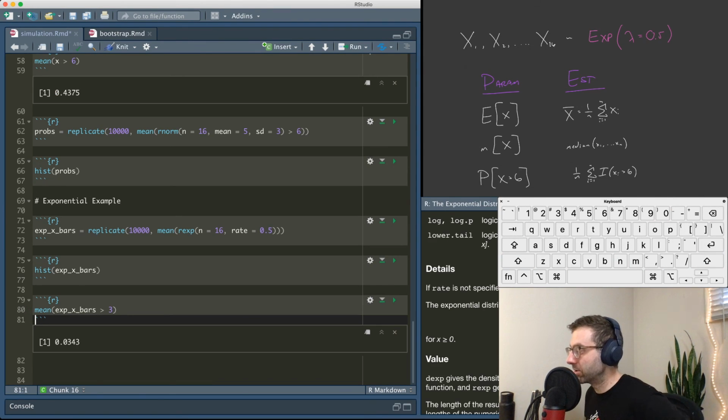If we didn't know how to do the math and wanted to come up with the probability that a sample mean of a random sample of size 16 from an exponential distribution with a rate parameter of 0.5 is bigger than 3, this is how we would do it. It's a useful way to substitute computing know-how and power for mathematical ability. This is sort of how simulation studies are done.